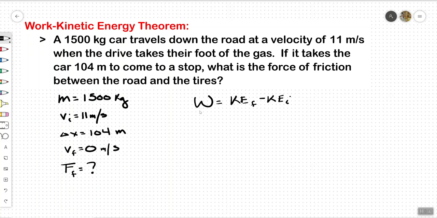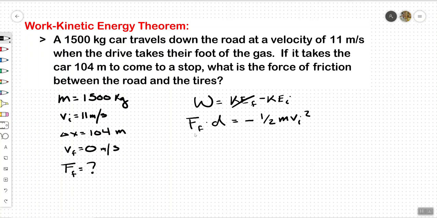So work here, since we're looking for force, the force of friction is what's doing the work slowing the car down. So we really would write this as the force of friction times the distance is equal to kinetic energy final minus kinetic energy initial. Since the final velocity is 0, it has no kinetic energy. So really it's just the opposite of kinetic energy initial. So I'll write that out long form, 1/2 m v initial squared.